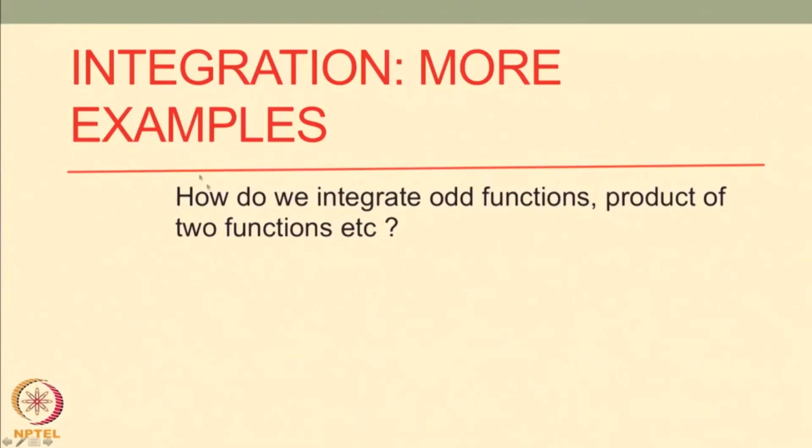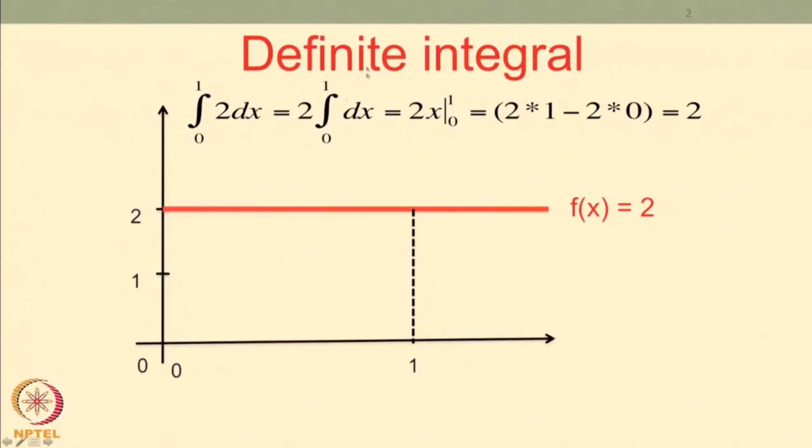So the question we would discuss, for example, is how do we integrate odd functions and products of two functions, etc. These questions we will try to answer in this one lecture. So we talked about the definite integral. If you have the function 2, the integral from 0 to 1 of 2 dx is nothing but plotting the constant function 2, which is in red, and taking the area from 0 to 1.